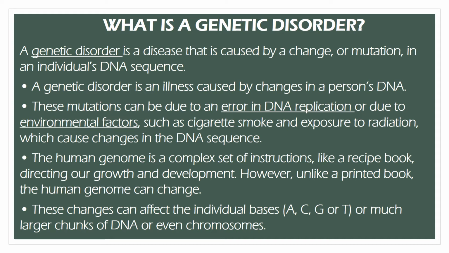So in addition, ACG and T is an acronym for the four types of bases found in a DNA molecule. So A stands for adenine, C stands for cytosine, G stands for guanine, and T stands for thymine.